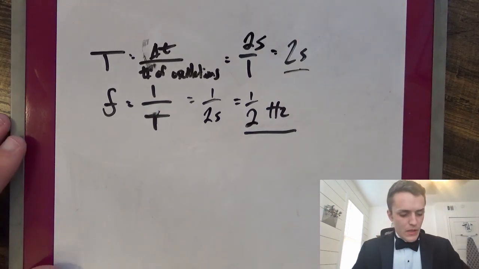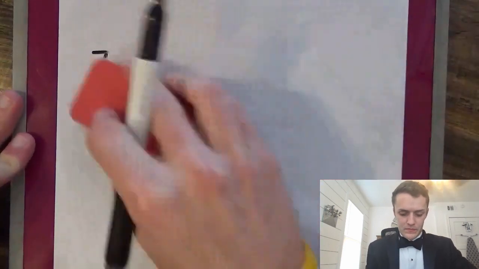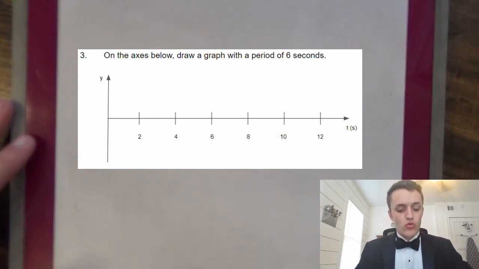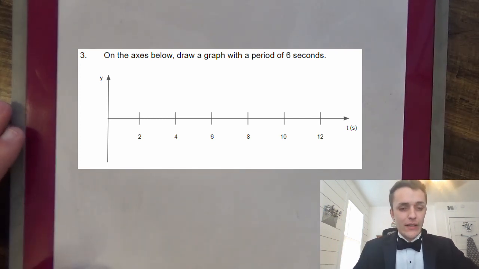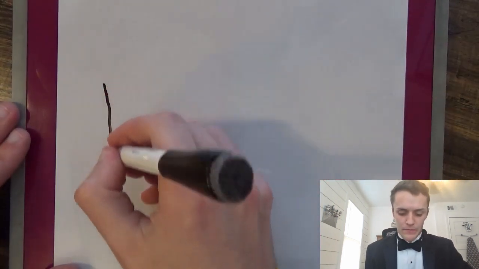All right. That brings us to number 3. Number 3 asks us to, on the axis below, draw a graph with a period of 6 seconds, and it gives you these little axes right here. So I'm going to draw mine on my whiteboard since I don't have a copy of paper right here.